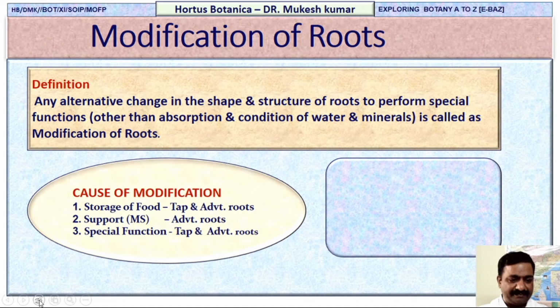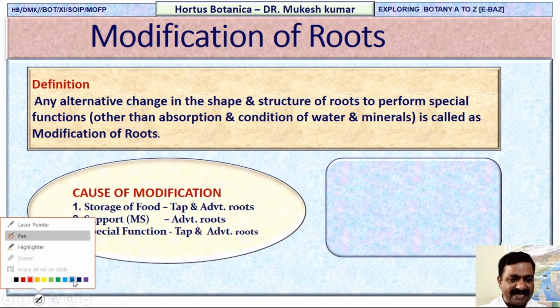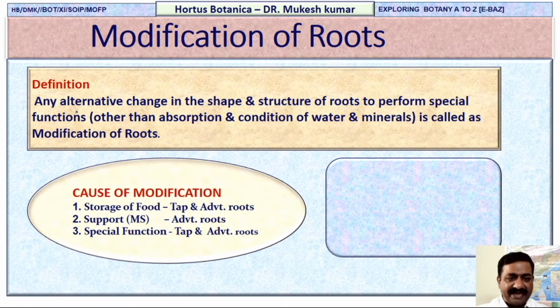Yes, so you can define it as any alternative change. This is not a normal change. This is a type of regular change. That's why alternative change, wherein the shape and structure of the root change. Why? To perform a special function.